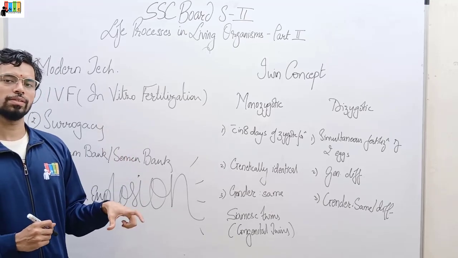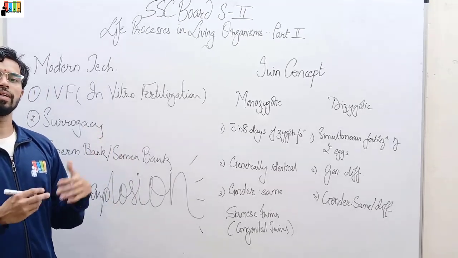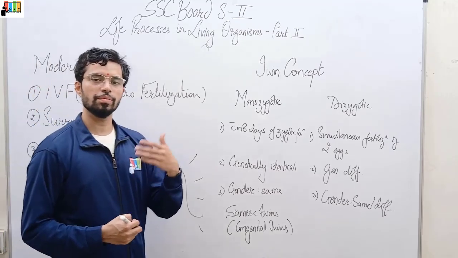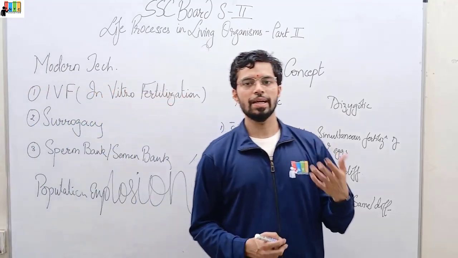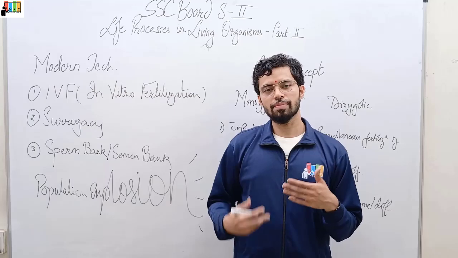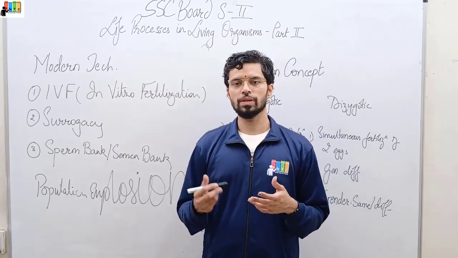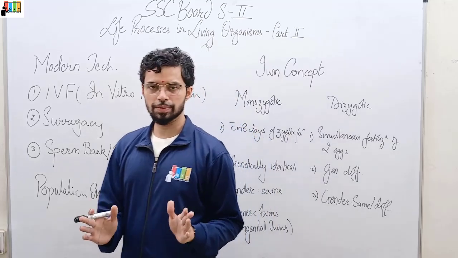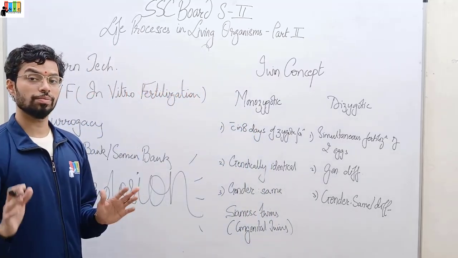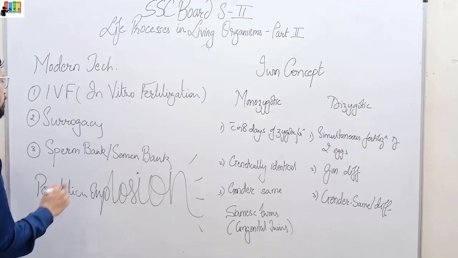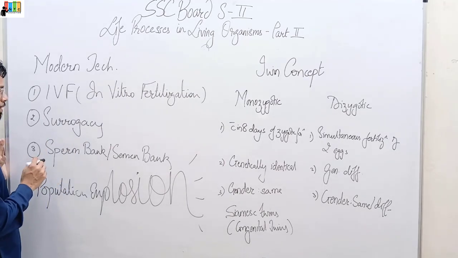If that also doesn't work, then you can have sperm from another male counterpart, and then you can get it implanted in your womb, and so on and so forth. So this is the concept of surrogacy. Usually we study with the female perspective in mind, but it could also be the other way around, when you get a surrogate mother for the child.